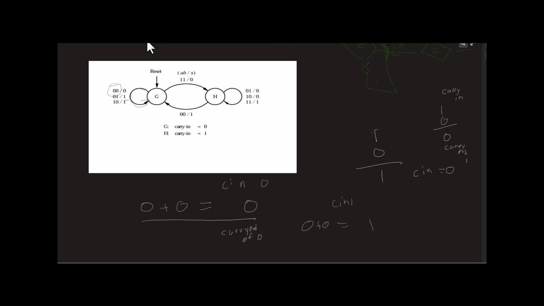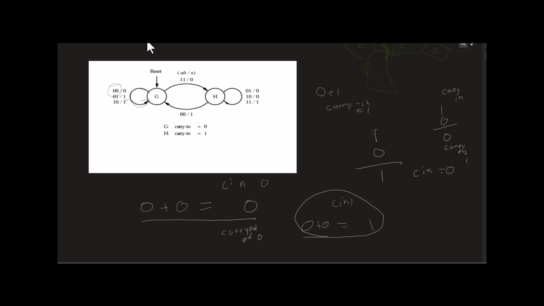Right. So if I had a carry-in of 1, and I add together 0 and 0, the answer would be 1, and your carry-in would be 0, so you go back to G. If I added a 0 and 1 and my carry-in was 1, that means I'm on my H side.